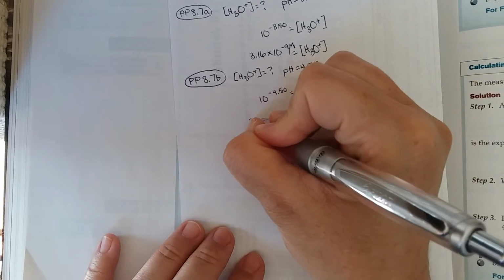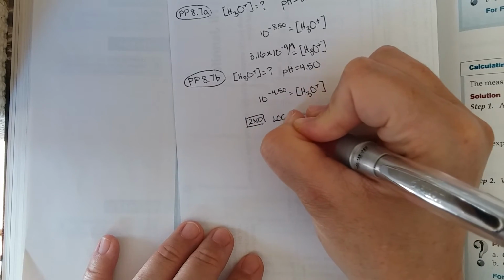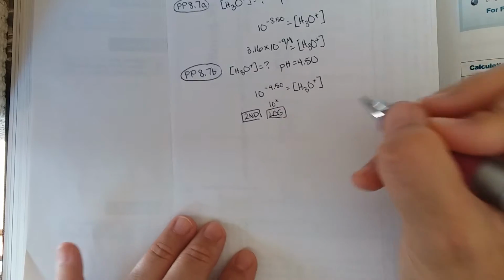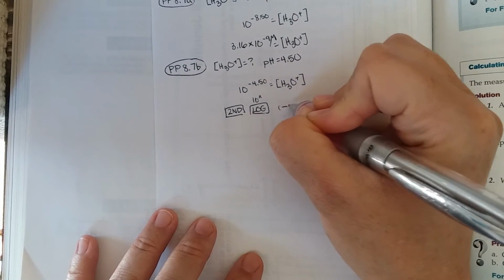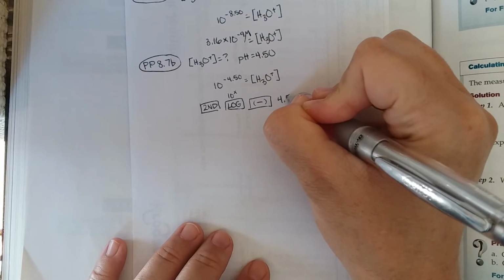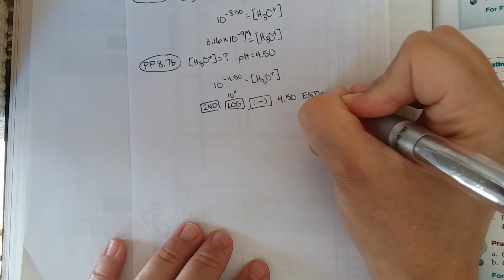So you go to your calculator, push the second button, push the log button, because on top of it it says 10 to the x, and then you'll see a 10 to the x on your screen, and you type in negative, you hit that negative button that's down there at the bottom, 4.50, and then you hit enter. Easy peasy.